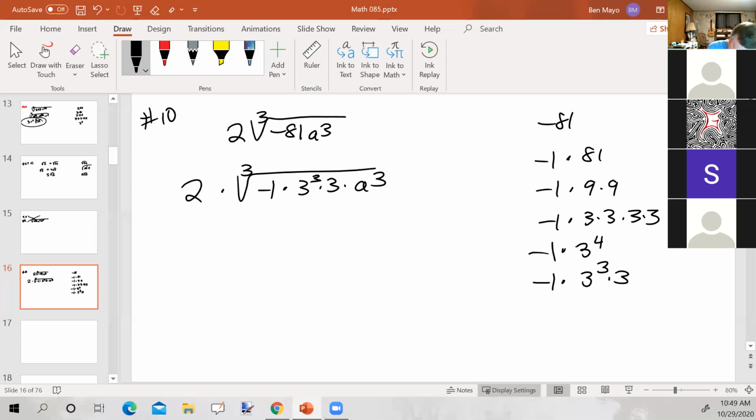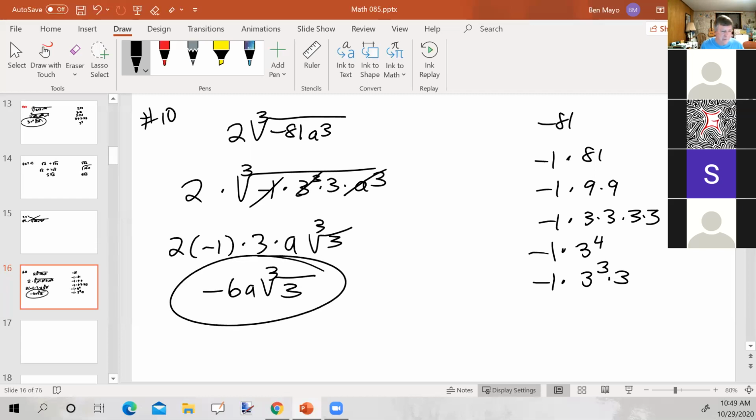Negative 1. Right. What's the cube root of 3 cubed? 3. What's the cube root of a cubed? A. And what's left inside is just a 3. So we've got negative 6a times the cube root of 3.